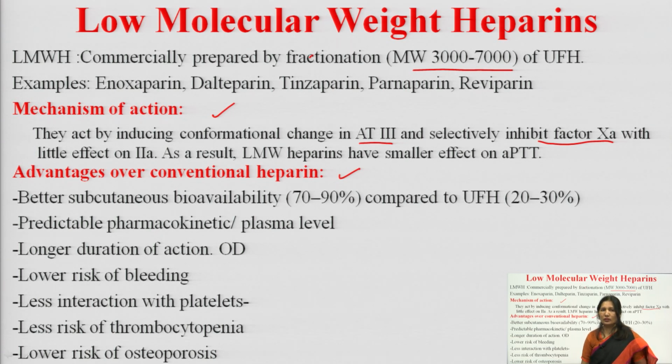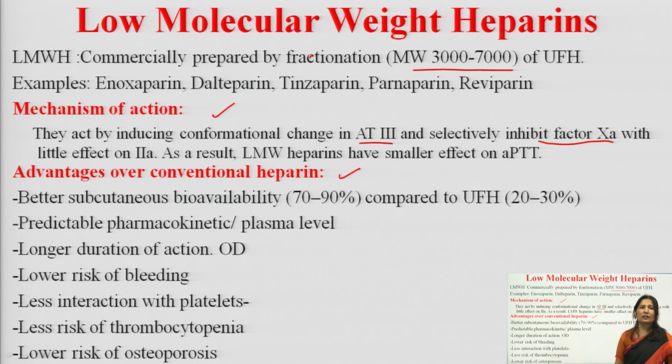So, once daily dose is quite sufficient, with lower risk of bleeding, as they have less interaction with the platelets. So, less chance of thrombocytopenia and lower risk of osteoporosis. Low molecular weight heparin has a molecular weight of 3000 to 7000.